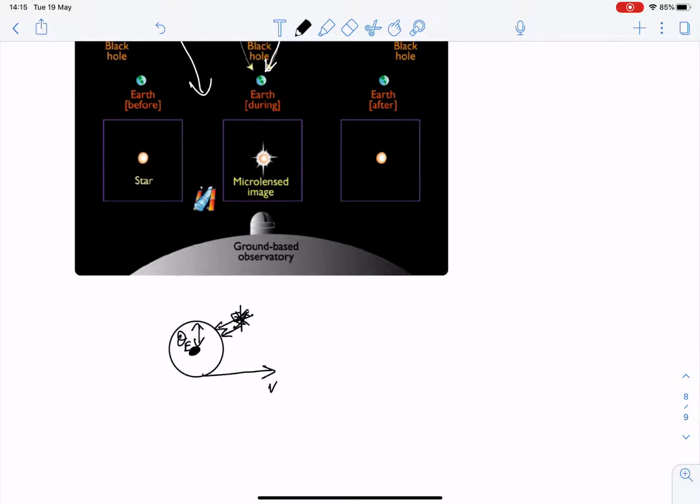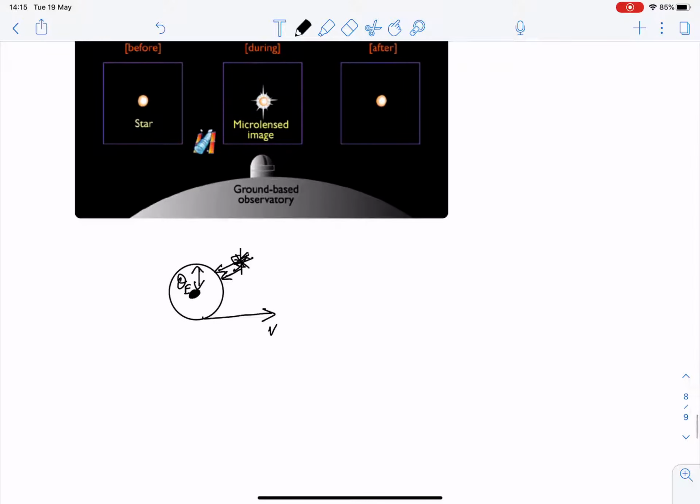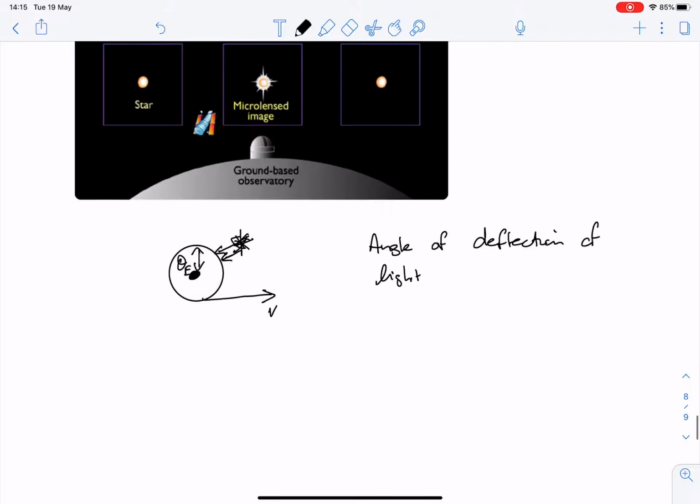And to give you the full sort of derivation of lensing, you actually need to know some GR, which we're not going to go into, but the angle of deflection of light is given by this angle, alpha, which is just 4GM over c squared b.